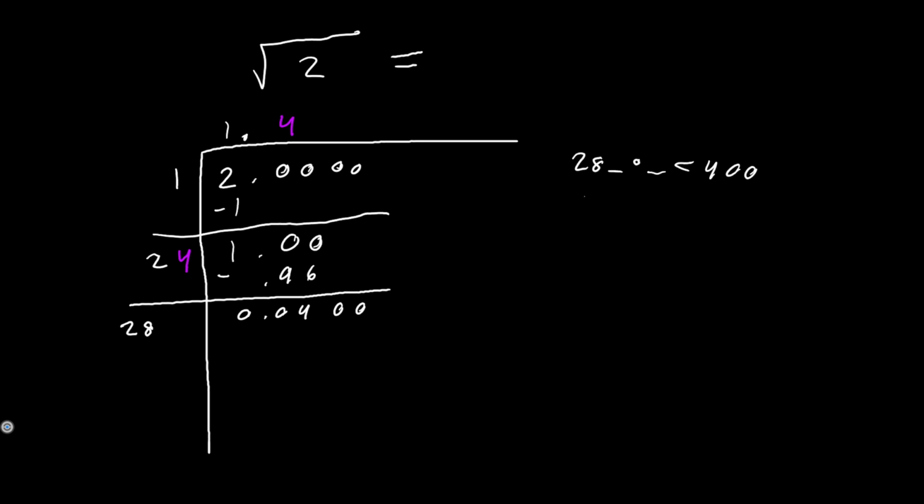So here we have 281 times 1, that equals 281. And we see if we multiply by 2, we are going to get 564, and that is over 400.